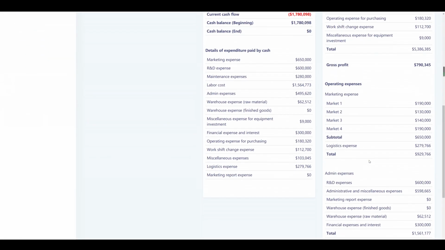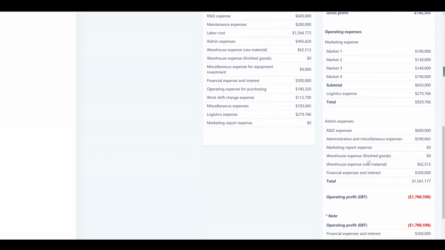Also, when you purchase more raw material, you need to look at the management of the raw material. And in here you can see the warehouse expenses for the storage of the raw material. In terms of which way is the best way to do it, you need to make some planning.